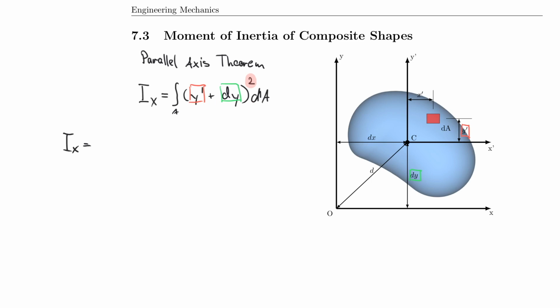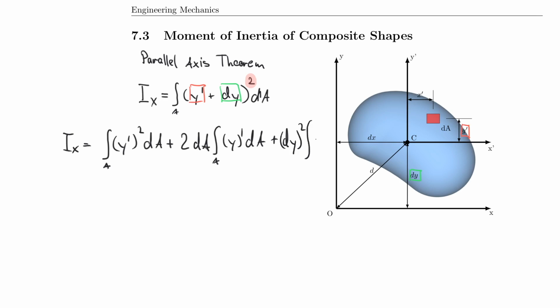That turns out to be the integral over the area of y prime squared dA, and then I have 2dy times the area integral of y prime dA, and I have dy squared times the integration of dA, and that's an area element.